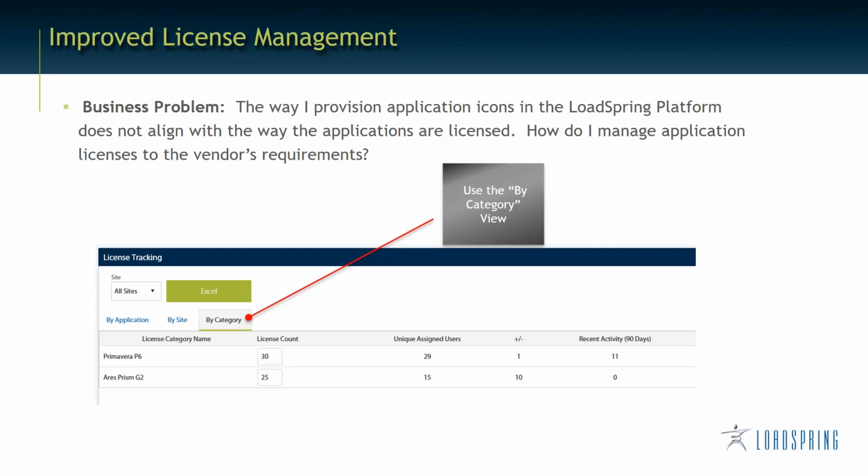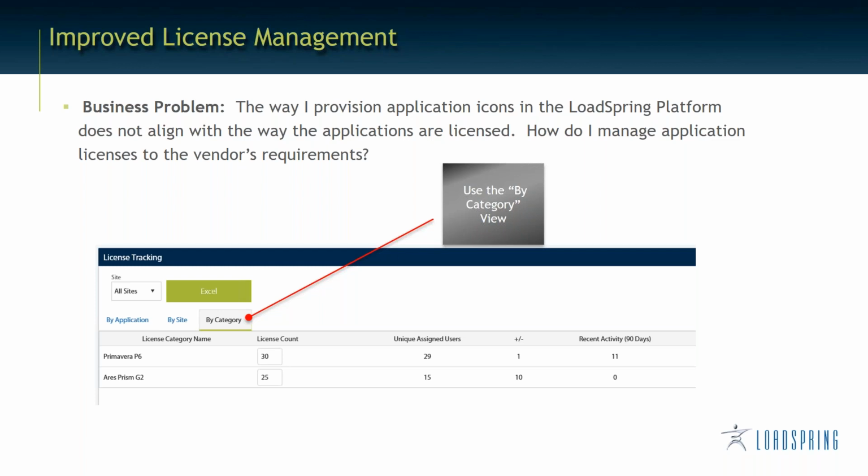It's interesting. When you take an application like, I'll take Primavera P6, for example. That's typically deployed through a series of application icons in the LoadSpring platform. You might have an icon for P6 Professional. You may have an icon available to you for P6 Web or P6 EPPM.